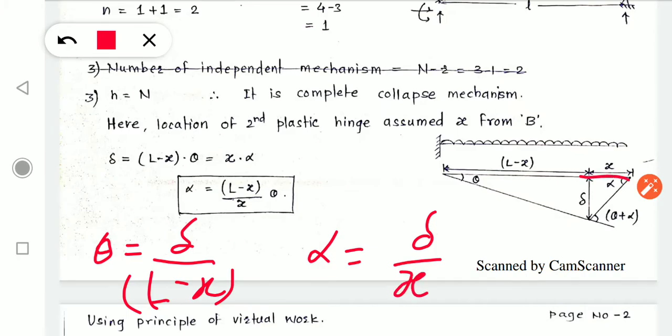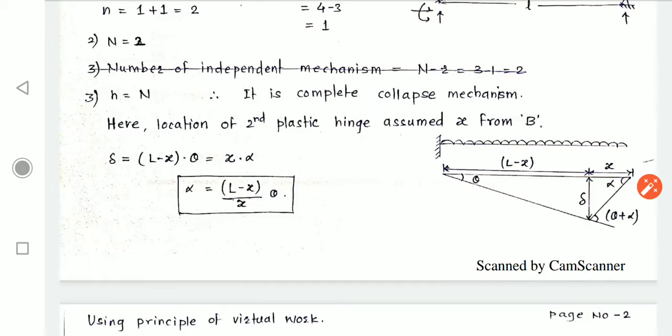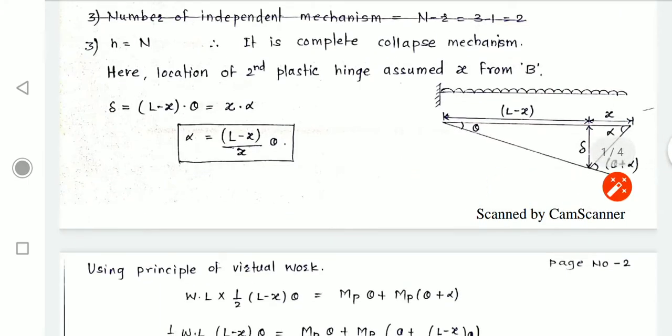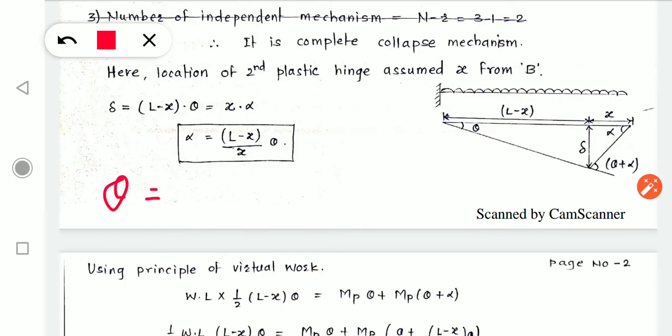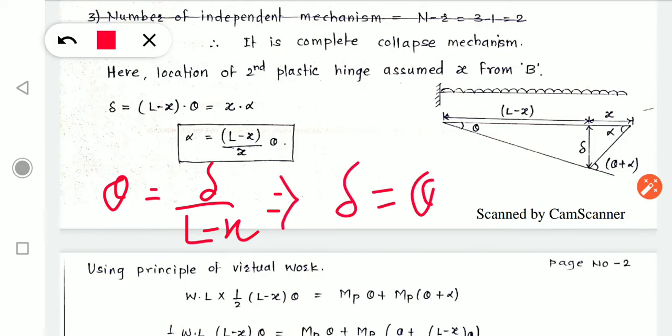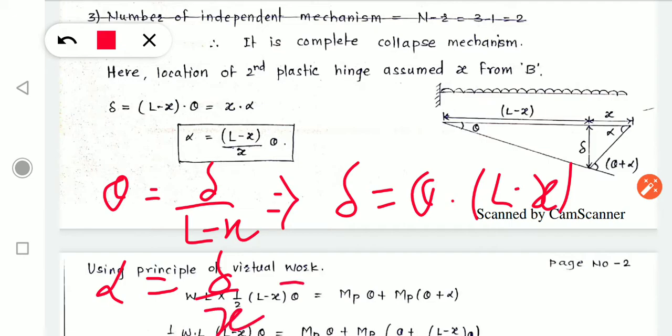Now we want exactly what? Deflection. So from here, deflection equals theta into L minus x, and from alpha side, deflection equals x into alpha.